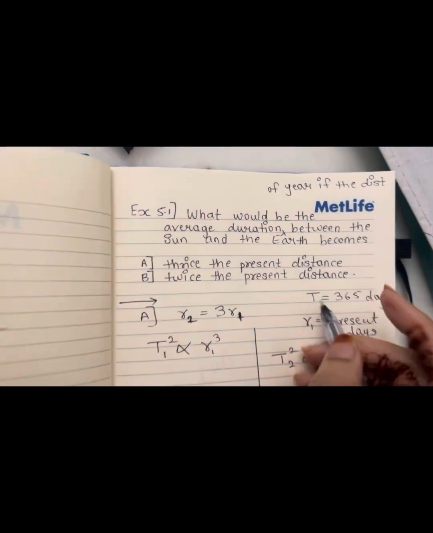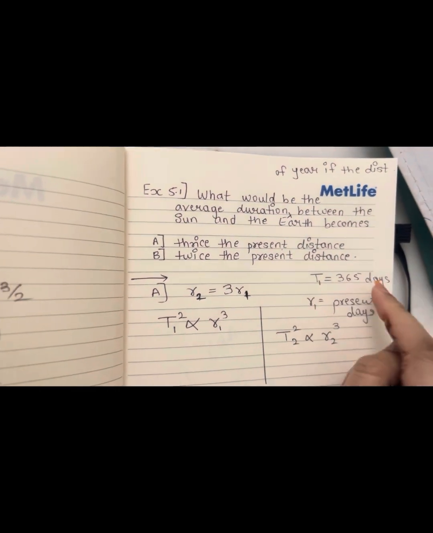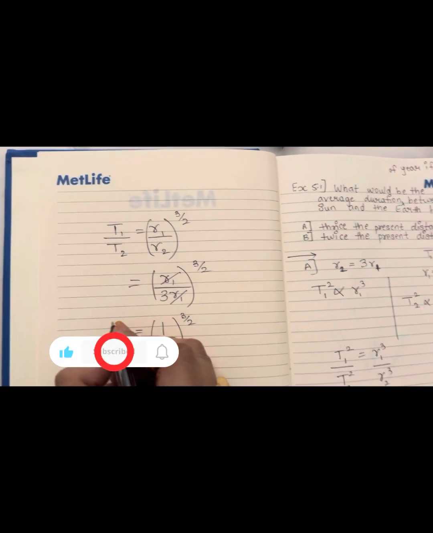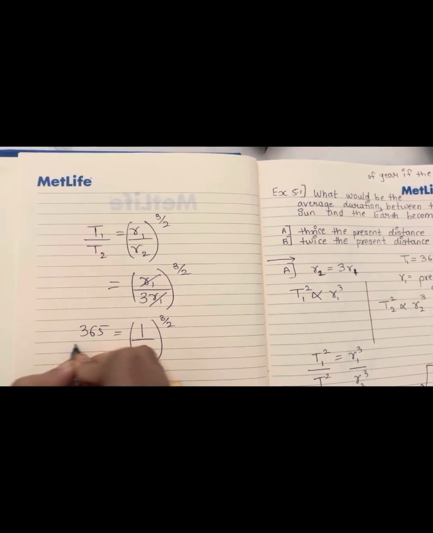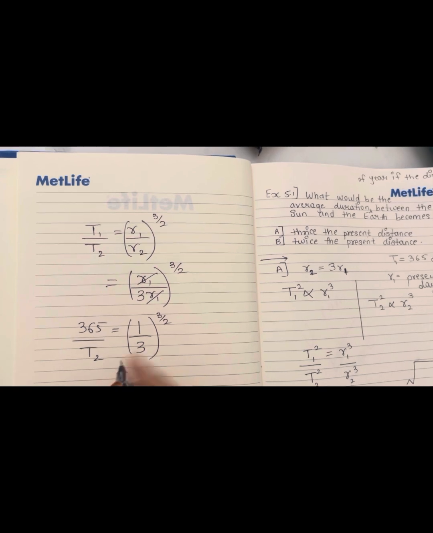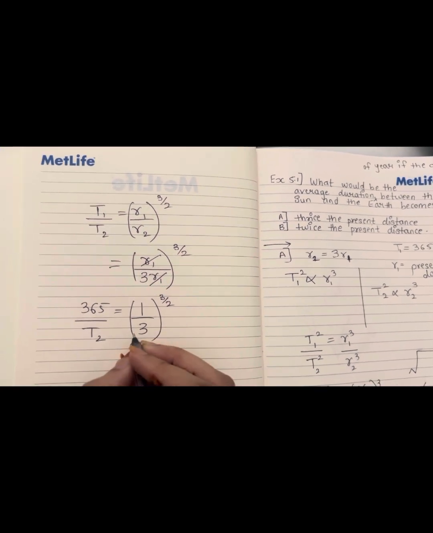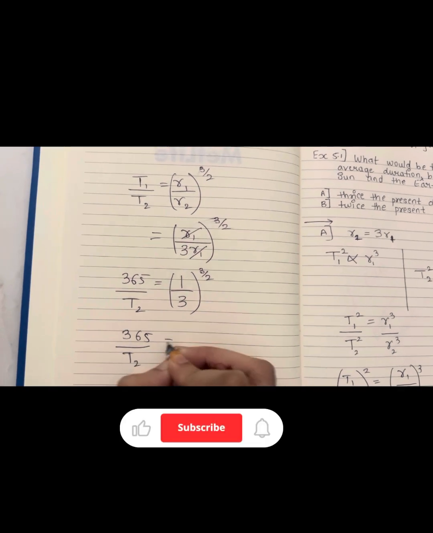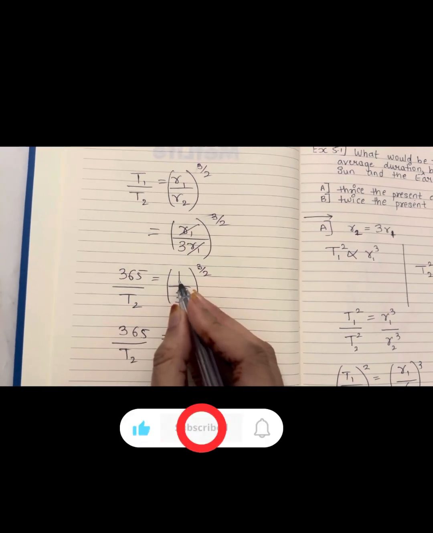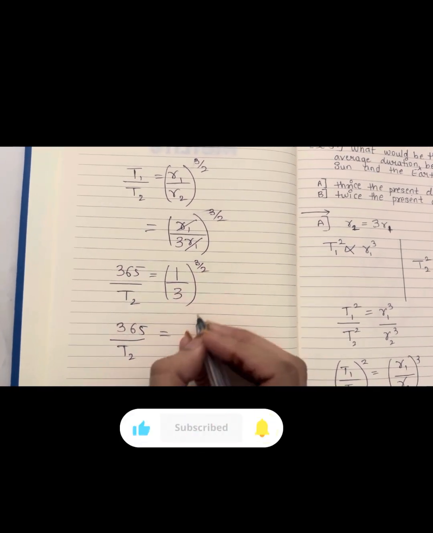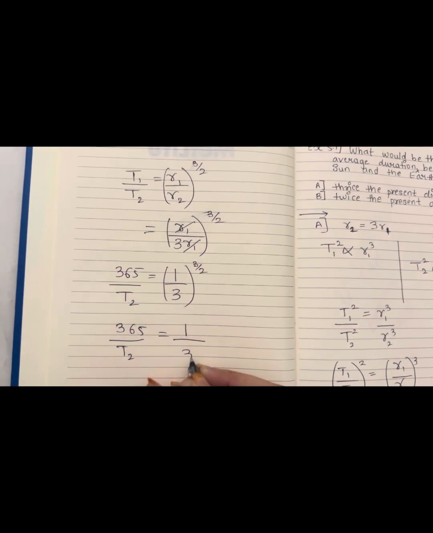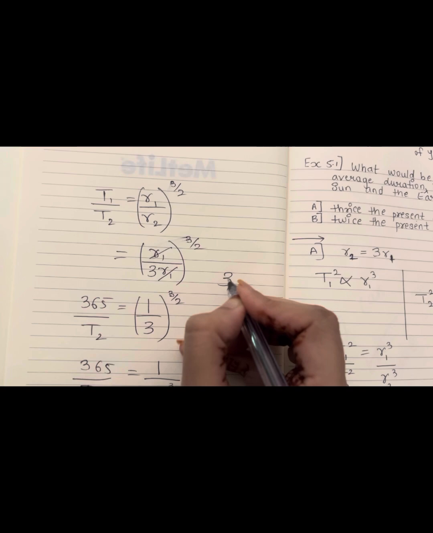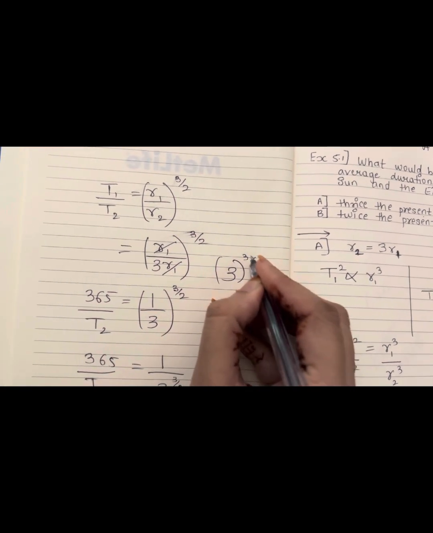Now we also know that according to the present situation, the number of days will be 365. So we have the value of T1, that is 365. I'll substitute T1 as 365, so 365 upon T2. Now 1 raised to any power gives you 1. Now how will you solve 3 raised to 3 upon 2? See, it is 3 raised to 3 into 1 upon 2.